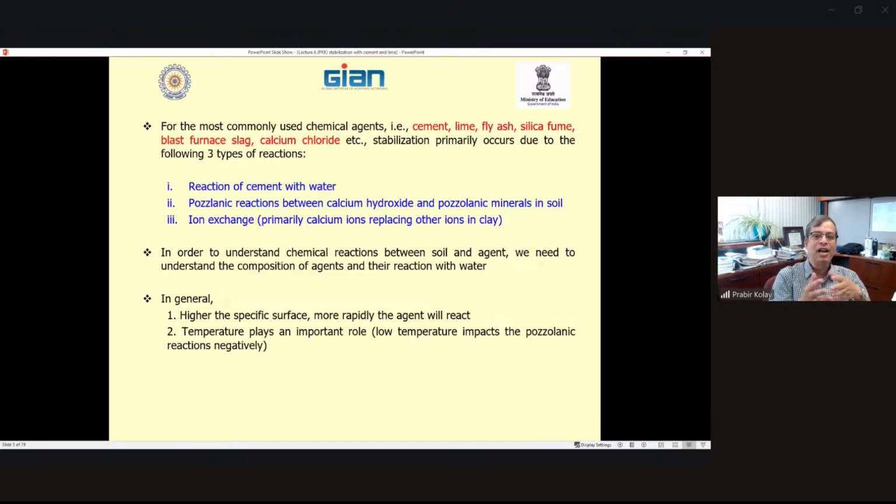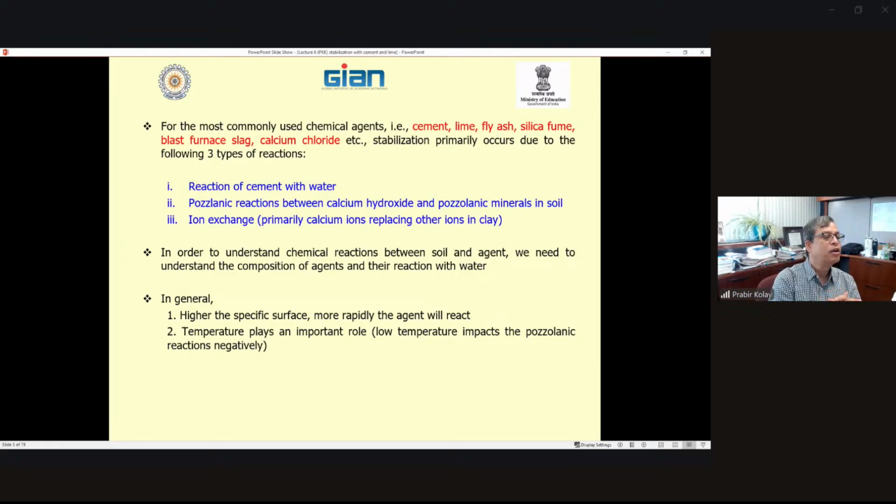But the main thing is that there are different types of clay, right? Whether it is illite, kaolinite, montmorillonite, or bentonite, depending on the type of clay and what minerals are present in that clay, you need to use different stabilizing agents, sometimes in combinations and in different doses. And as I mentioned, the ion exchange reaction also takes place. So what is the chemical reaction that takes place?